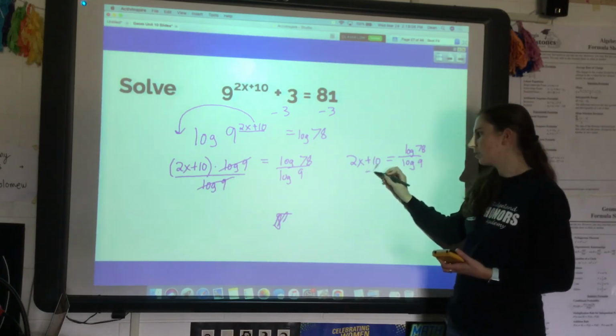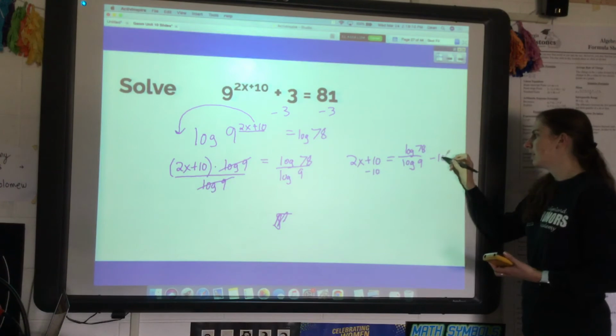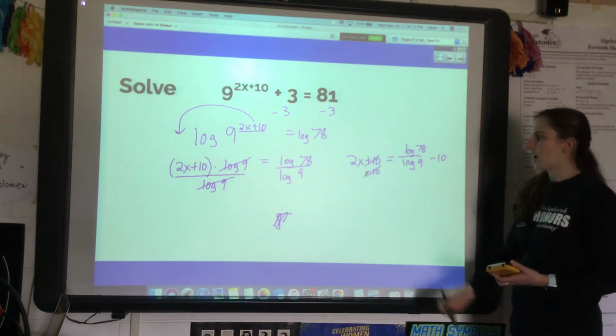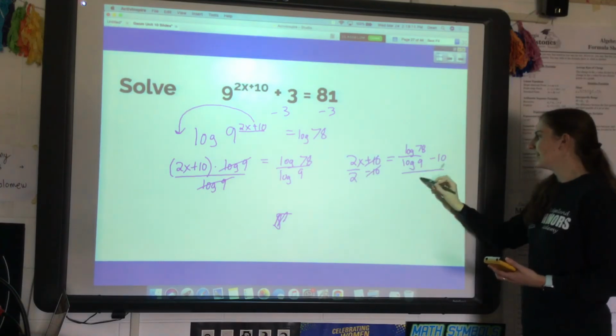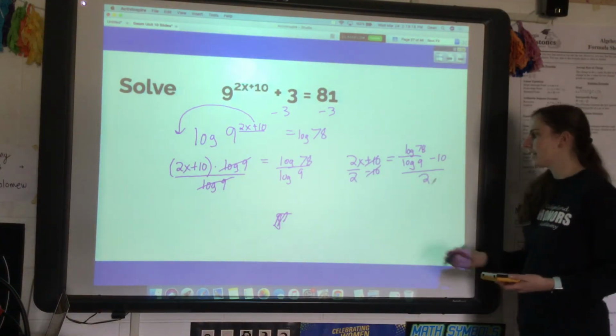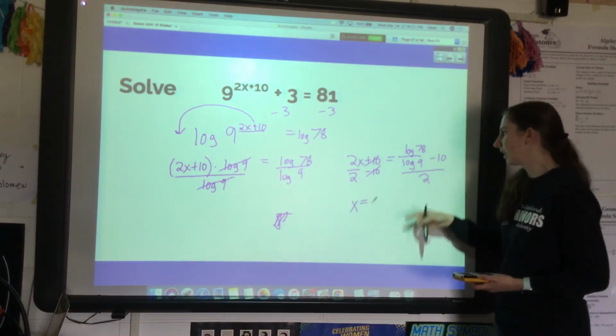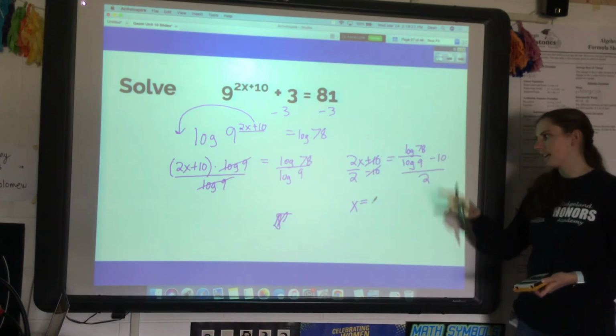So I'm going to need to subtract 10. And then I'll need to divide by 2. And then divide this by 2. So now I can type all this into my calculator. Divide those and then subtract 10 and then divide by 2.